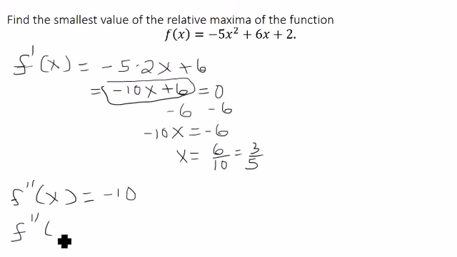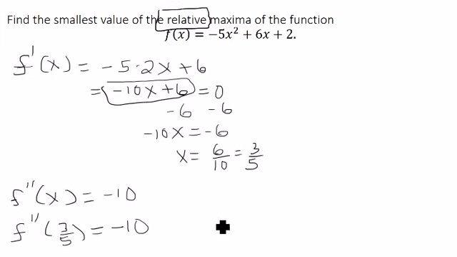If you plug 3 over 5 in place of x, since there is no x, this thing is independent of the critical value, so it's always negative, which means the critical number x equals 3/5 is going to give us a local maximum or the relative maximum, because sometimes the relative maximum is also called the local maximum depending on the book that you are following.